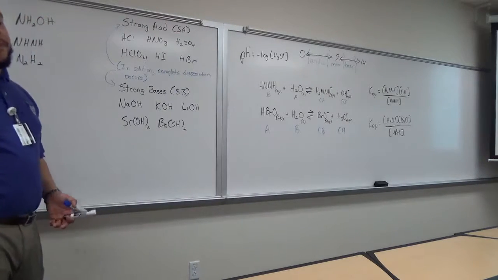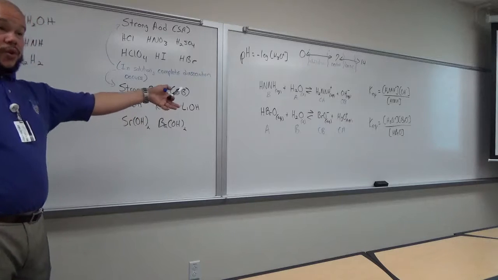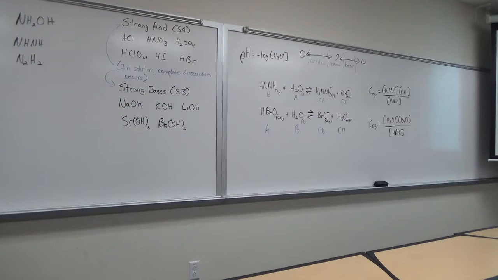If you also thought about the Lewis structure of this, you could convince yourself as well. If you looked at the Lewis structure, the proton wants to be donated. The reason is because oxygen, highly electronegative, wants that one electron.